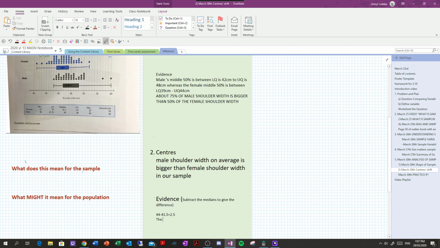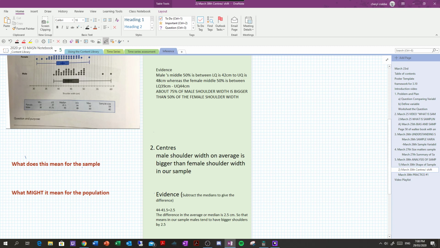So the difference in the medians, the average or median, is 2.5 centimeters. Units are important. So that means in our sample, males tend to have bigger shoulders by 2.5 centimeters.